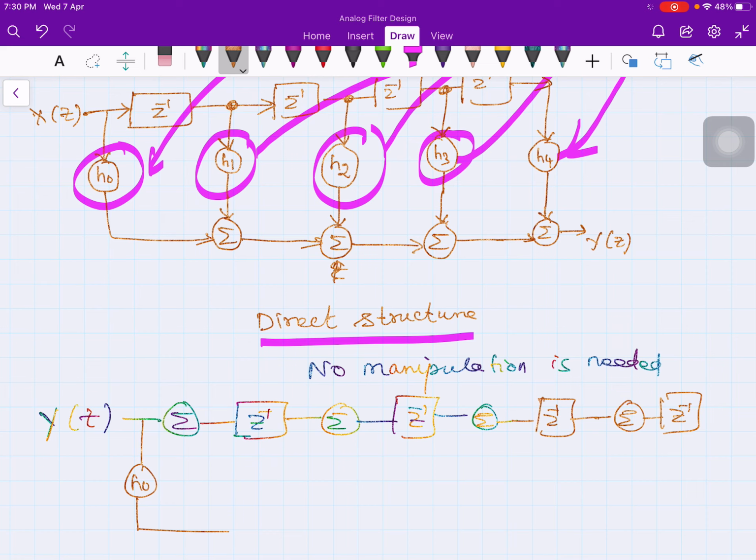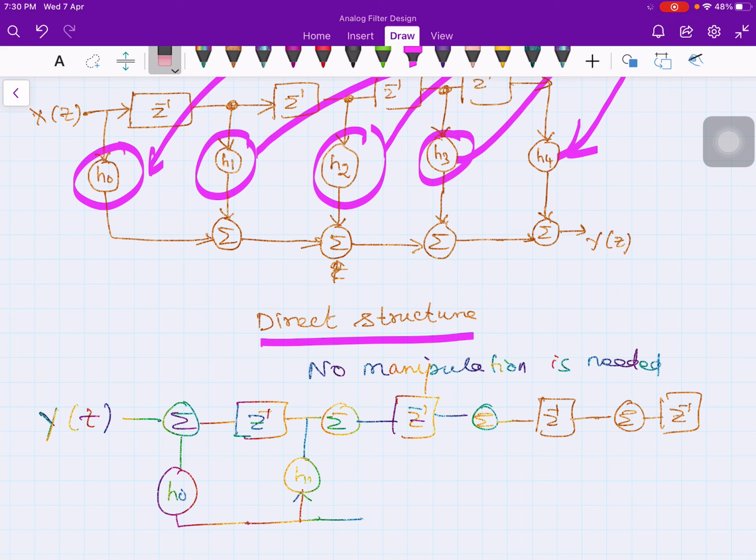Then here H0, I'm sorry, this has to come from here, H0, and then here H1, and this should be a pickup point.